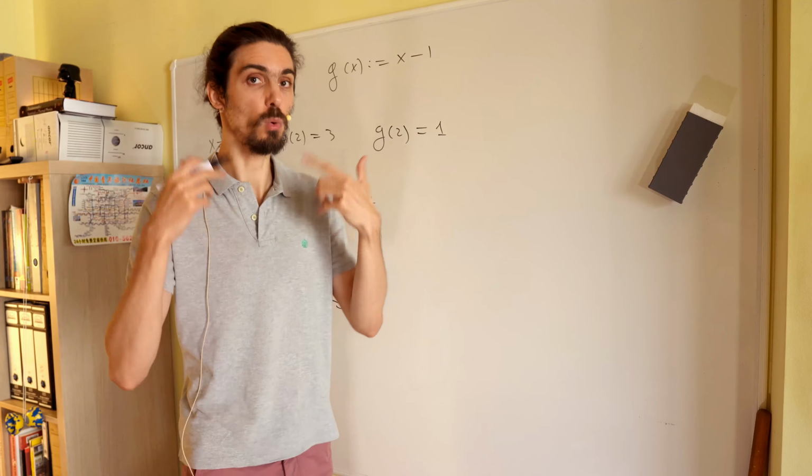So let's do it. Let's describe how that new function acts on a given number. So we have f plus g, the label of the new procedure, or the label of the new function. It acts on some domain, the domain of f plus g.